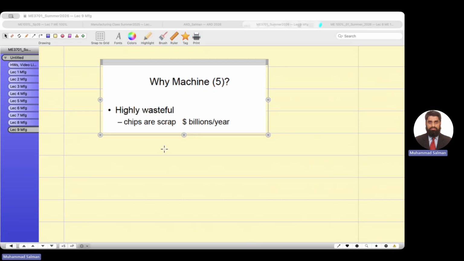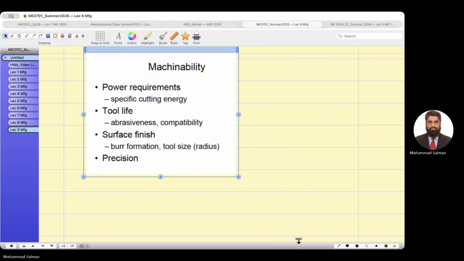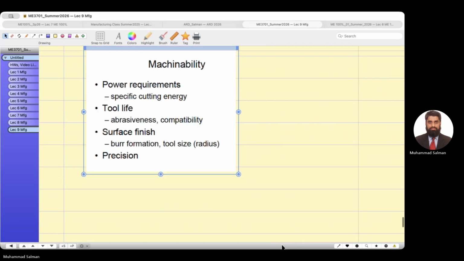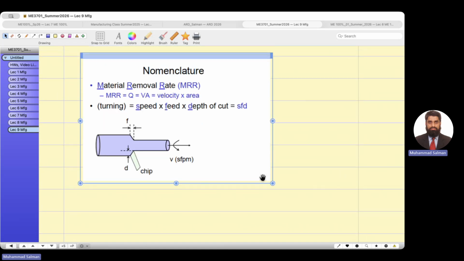You are losing chips, but these are the scrap. Okay, please draw this diagram of the cylindrical portion which is being turned down to a smaller diameter.